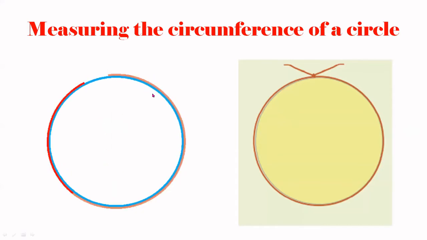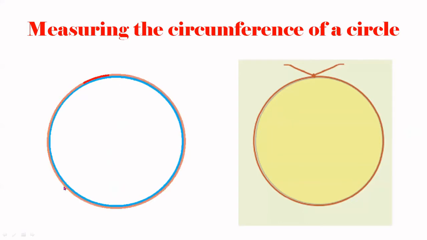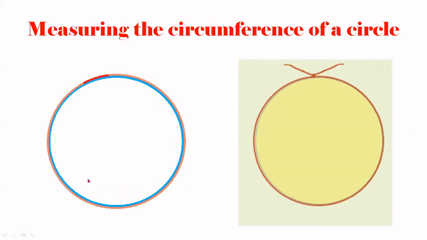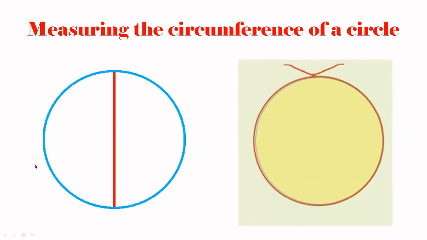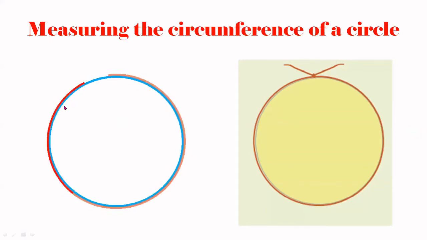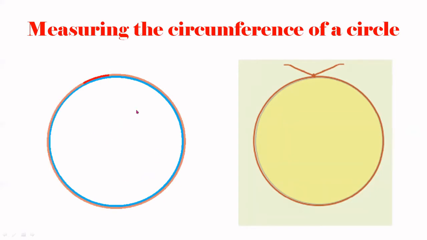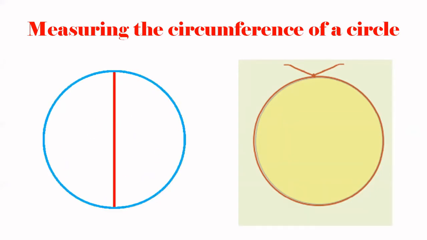And this moving red color line, can you see this moving red color line? That line implies the circumference. That line is called as the circumference of the circle, not the middle area. This is not the area. Circumference equal to the perimeter.